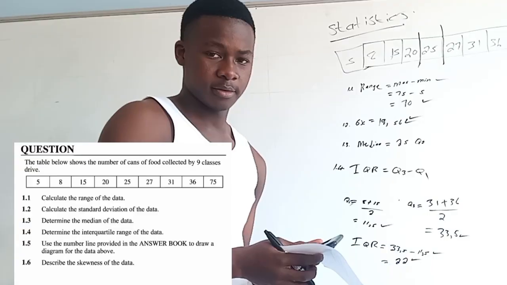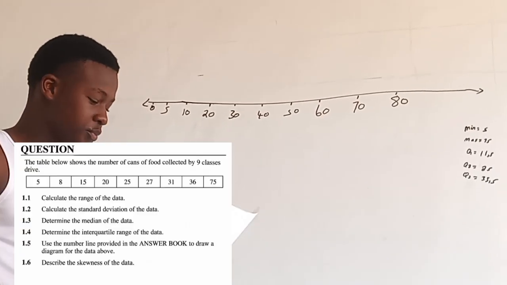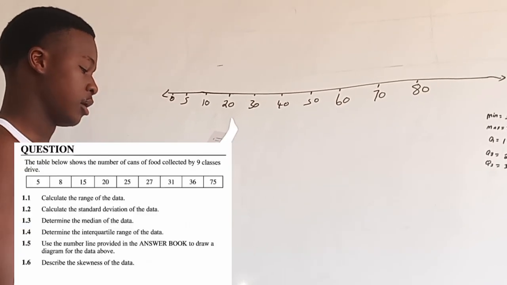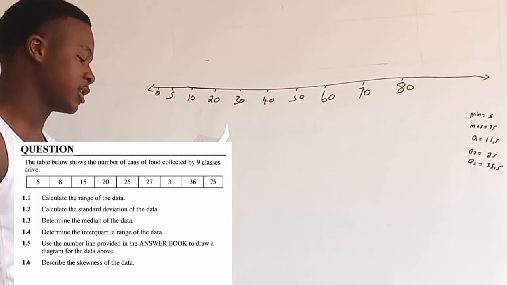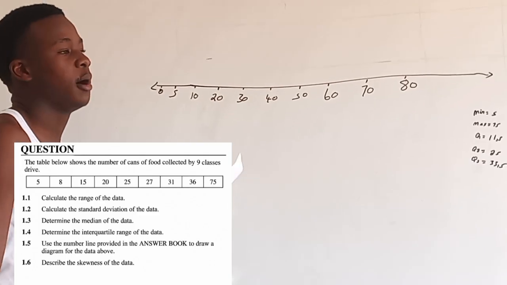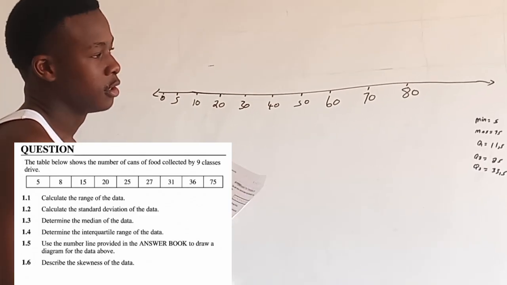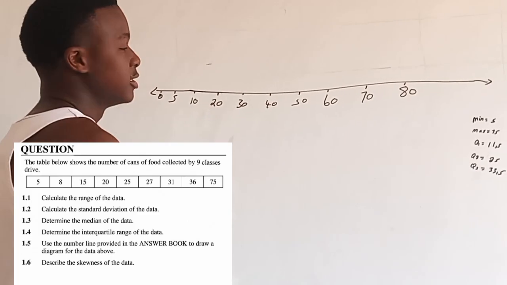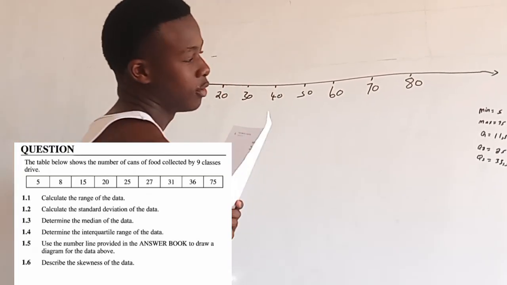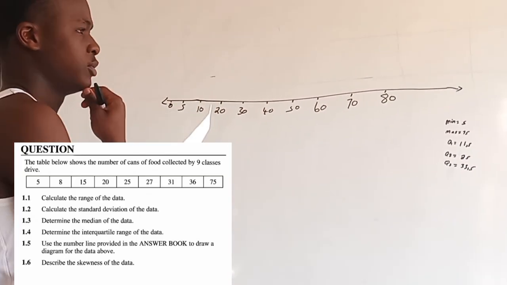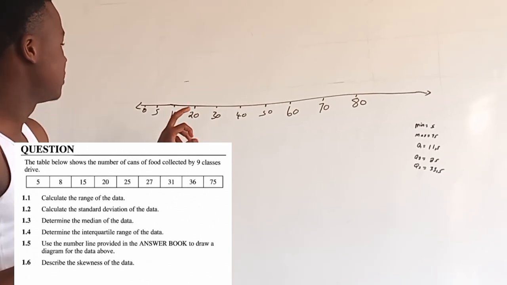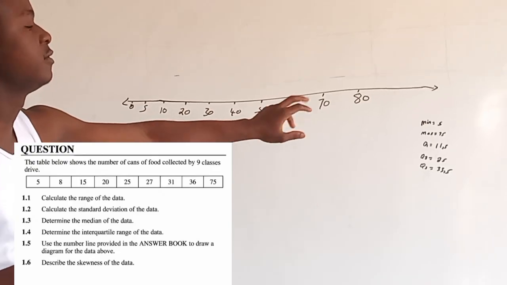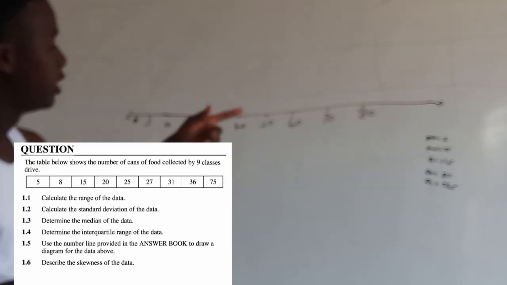Okay guys, 1.5, they say use the number line provided in the answer book to draw a box and whisker diagram for the data above. So I already drew a number line. I used 5, 10, 20, 30, 40, 50, until 80.